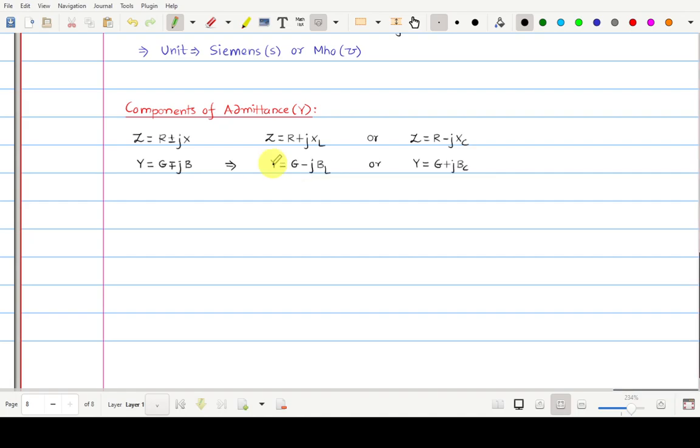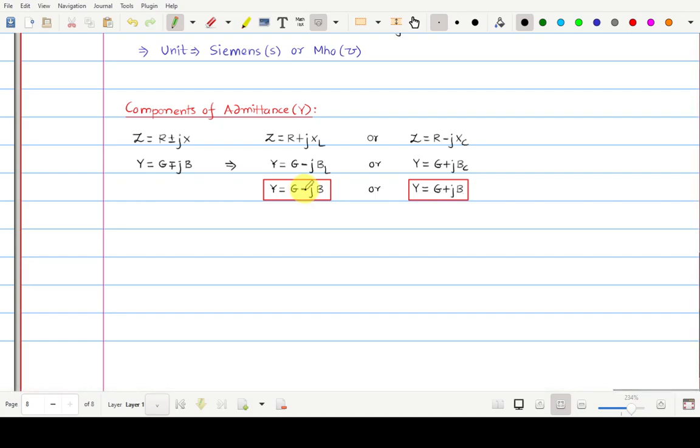Now Y will be equal to G minus jBL, meaning if you have inductive susceptance, then it should be indicated with a minus sign. If you have capacitive susceptance, then it should be indicated with a plus sign, and the conductive part is always positive. Okay, so you get these two equations, but many books do not indicate BL or BC. Okay, so we can also write like this.